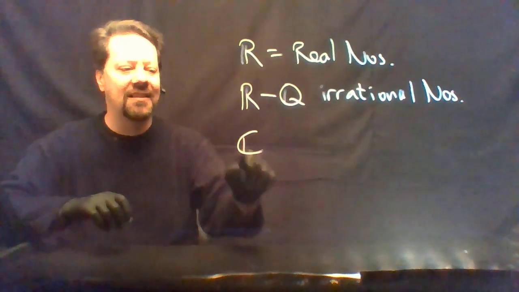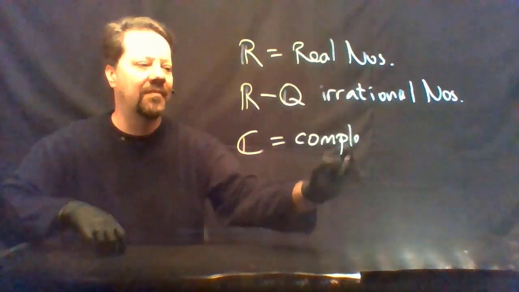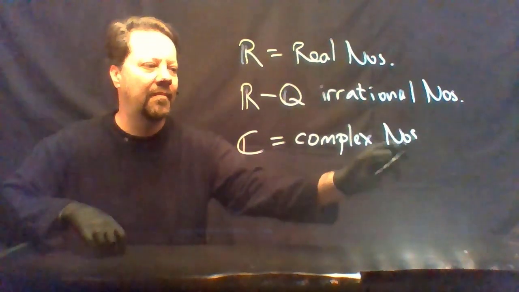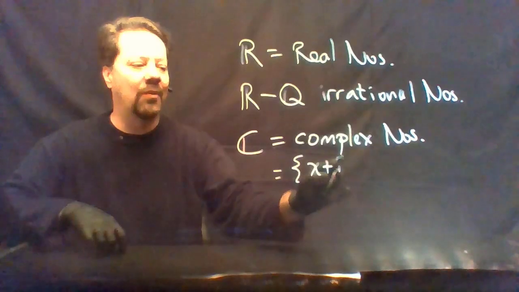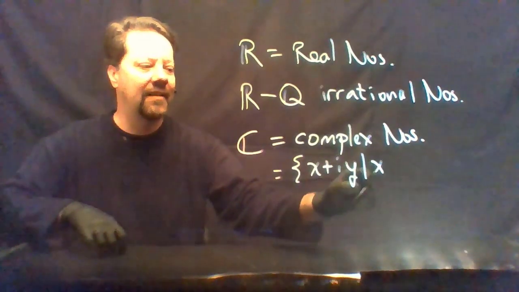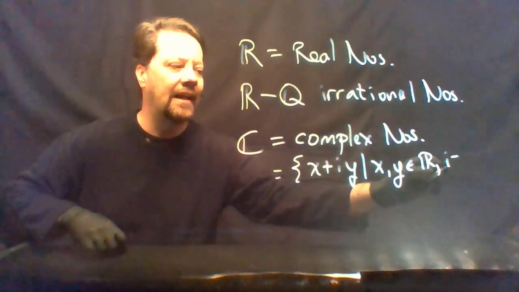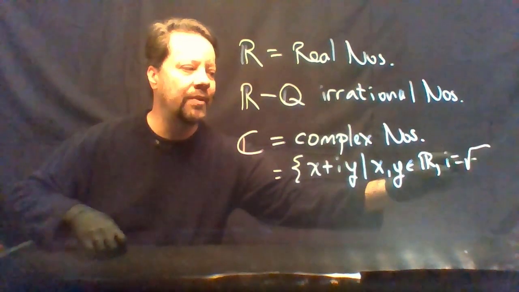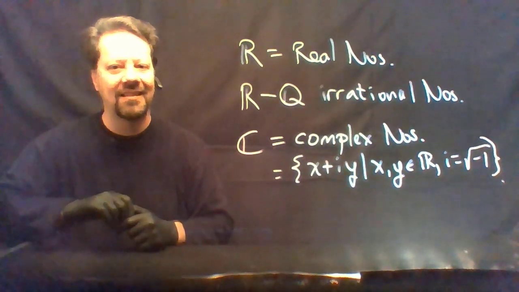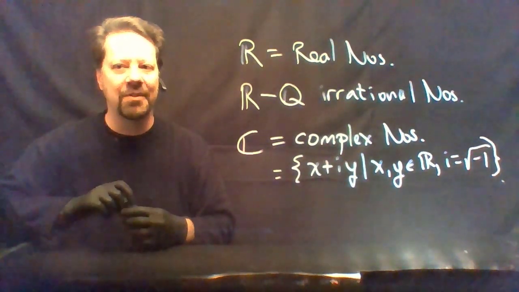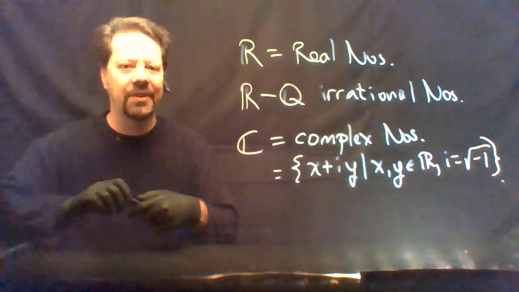The next number set we need to talk about is the set of complex numbers. This is the set of all x plus iy such that x and y are real and i is the principal square root of -1. A lot of people don't understand the difference between the square roots and the principal square root.